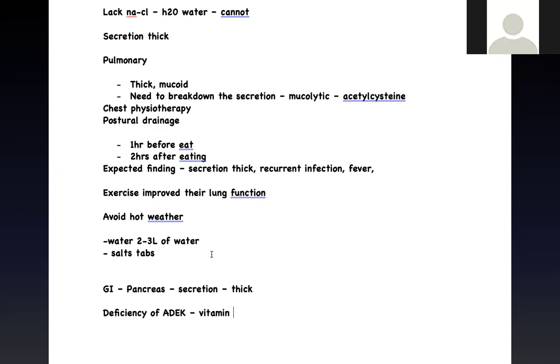These need pancreatic secretion to help them absorb. They are called fat-soluble vitamins, but they will be lacking because there's no pancreatic enzyme. Therefore, provide them these vitamins. What do they need? Pancreatic enzyme.